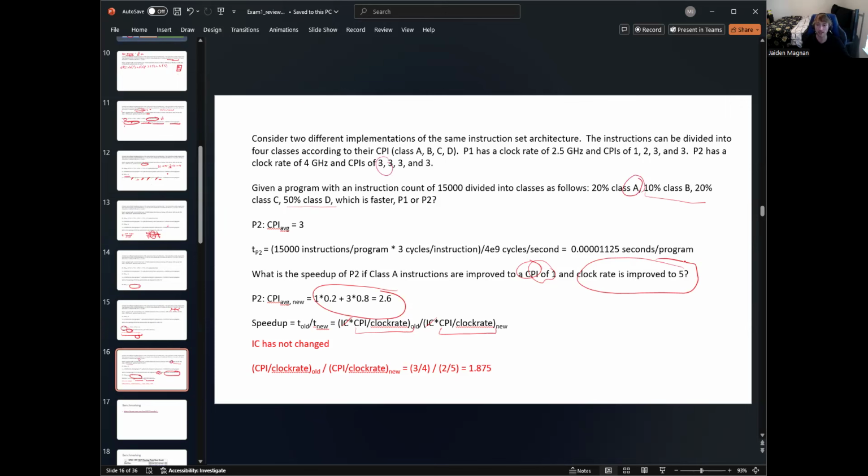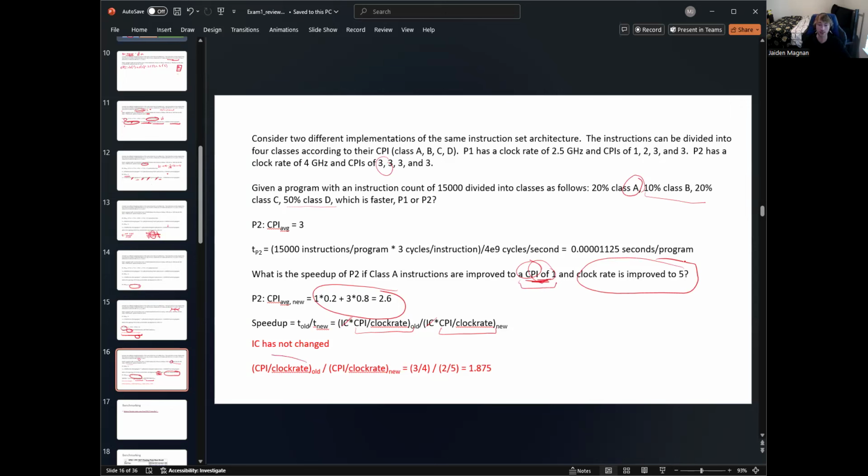What's happening here is it's improving it to one. So instead of, let's say, you run add and it takes 3 cycles to run add, it will only take 1 cycle now. So you have to recalculate your average. So that's what it means to improve it to one.